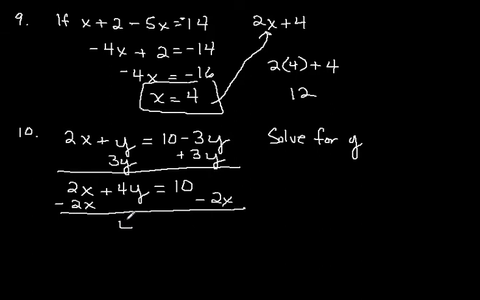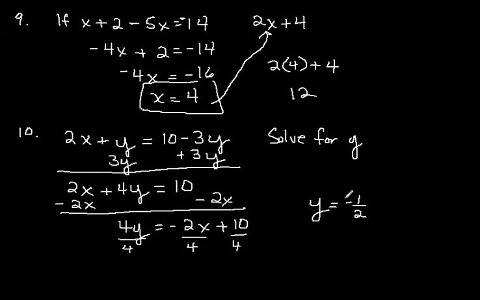So I get 4y equals negative 2x plus 10. And then we're going to divide everything by 4, and we're almost there. So we get y equals negative 1/2 x plus 5/2, we always reduce. And that's all you do on that one.